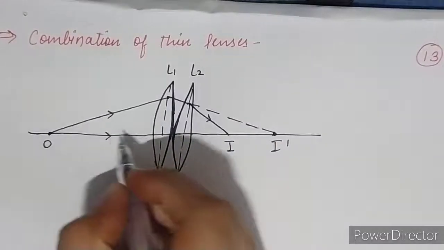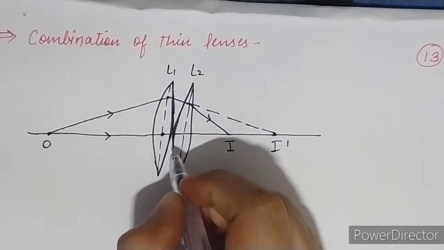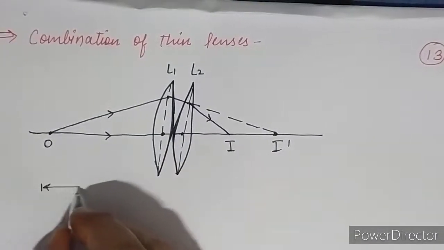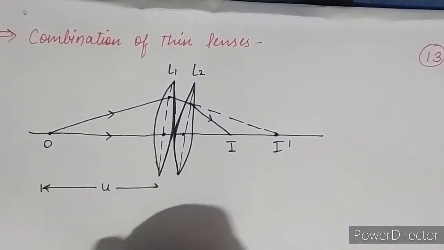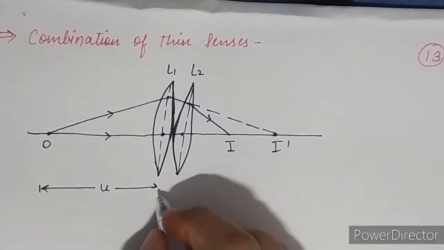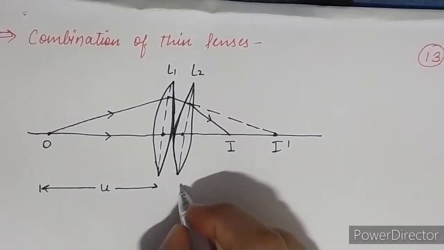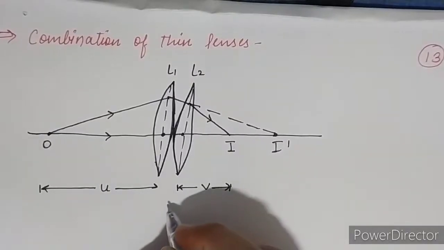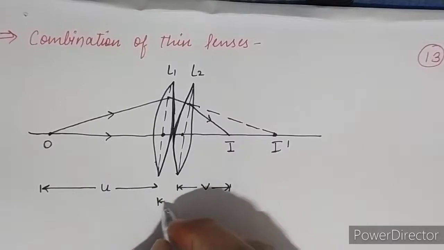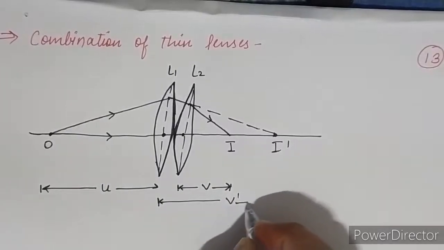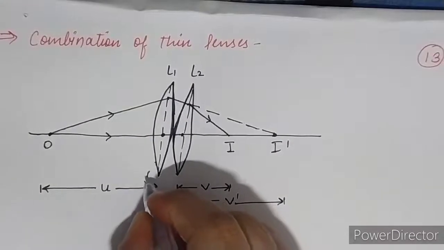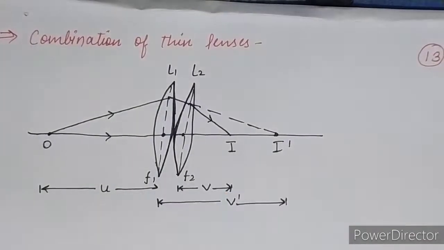From here it will be the object distance U, from here the first image distance V, and from this one V dash. The first lens has focal length f1, and the second lens has focal length f2.